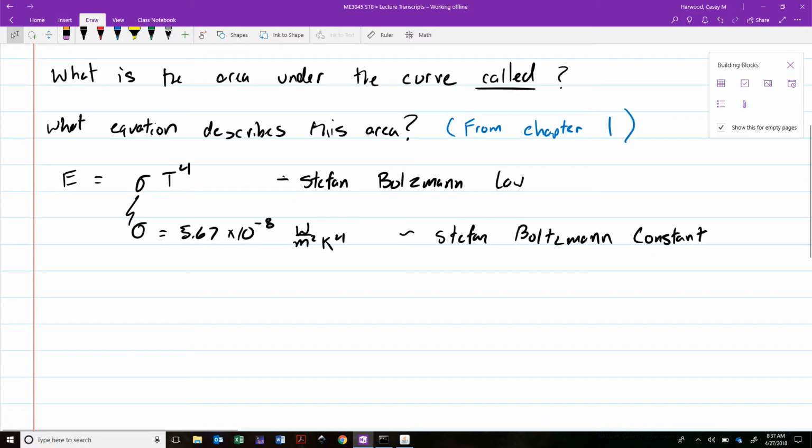The only twist I'm going to add to this is that black bodies, one of the characteristics I introduced, are what are known as diffuse emitters. Remember, that means that they emit radiation in all directions without any bias. They're omnidirectional.